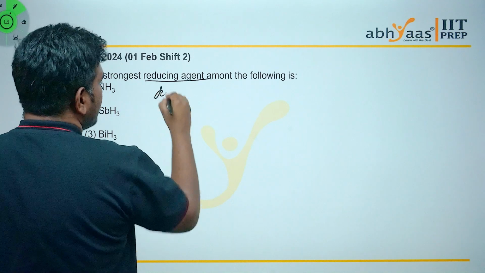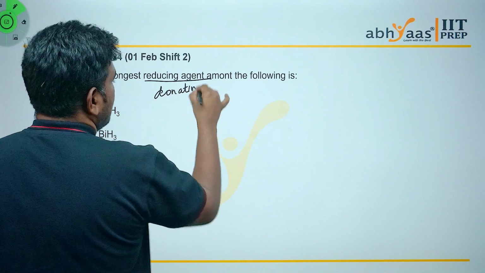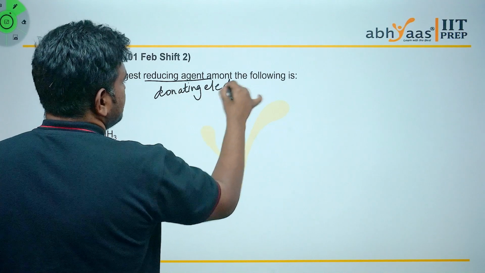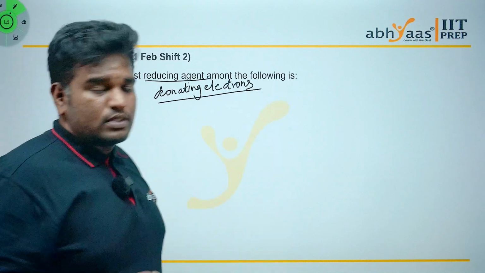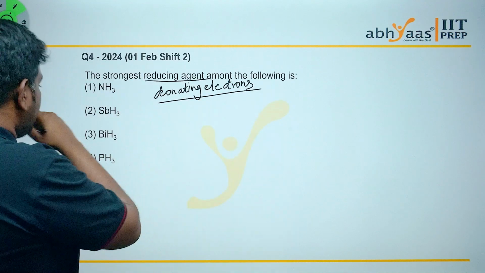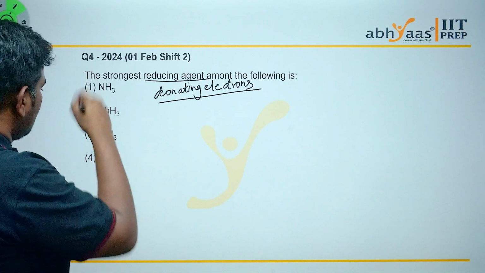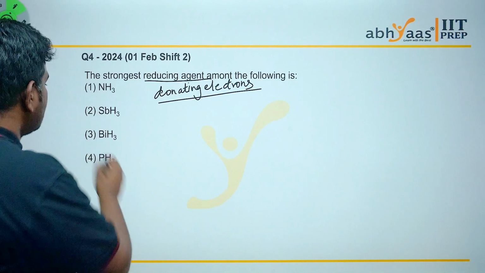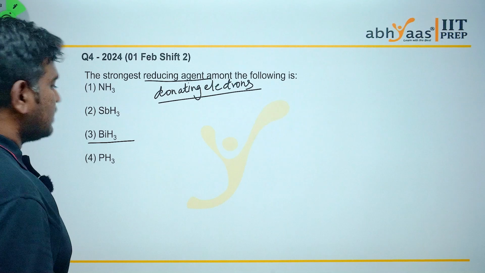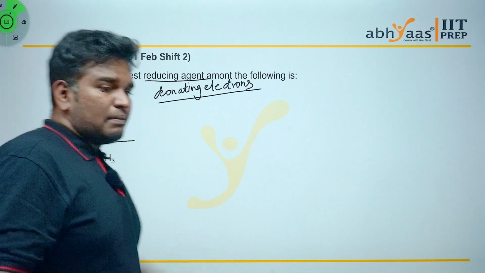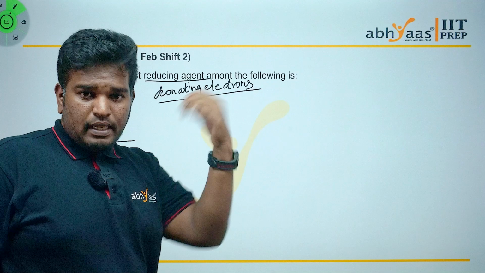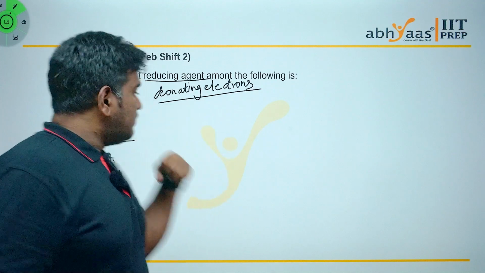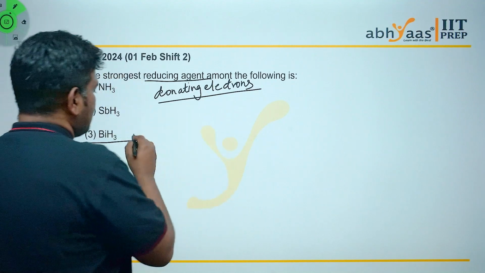That means it will be donating electrons. So just see who among these can easily donate electrons. So here we are having these particular elements, and among these, bismuth will be actually coming towards the bottom of the group. If it is at the bottom of the group, what is the thing happening?